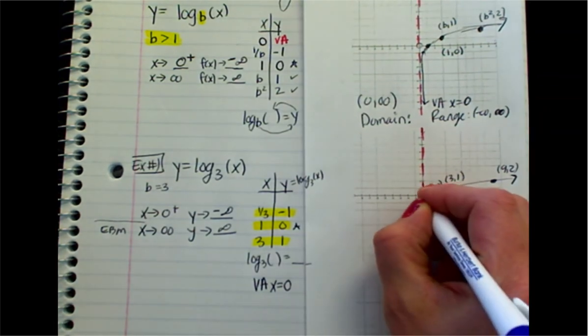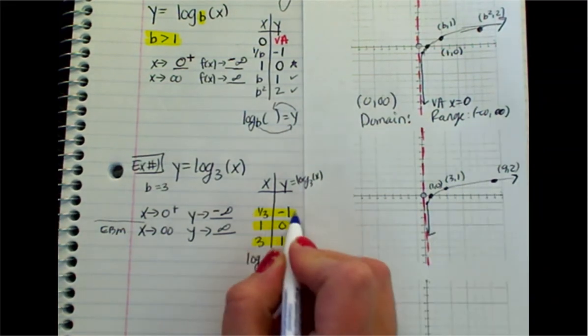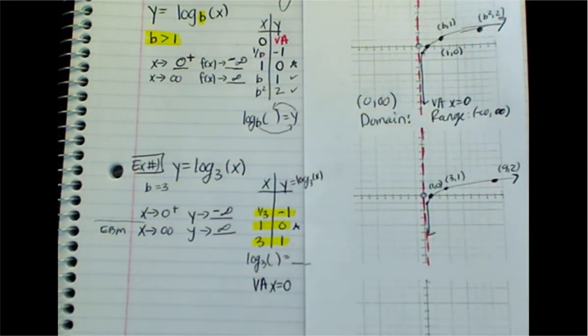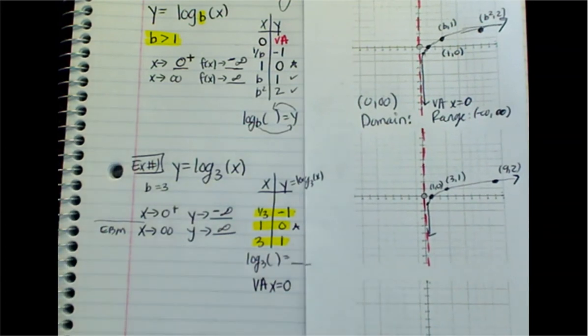The center of the graph is (0, 0). This is the point that's just 1 unit over. That's where you start the graph. Then how do we get the rest of the points? It's those other 2 points right here. Notice that that's very similar to our exponential parent points. They're just in the other order.